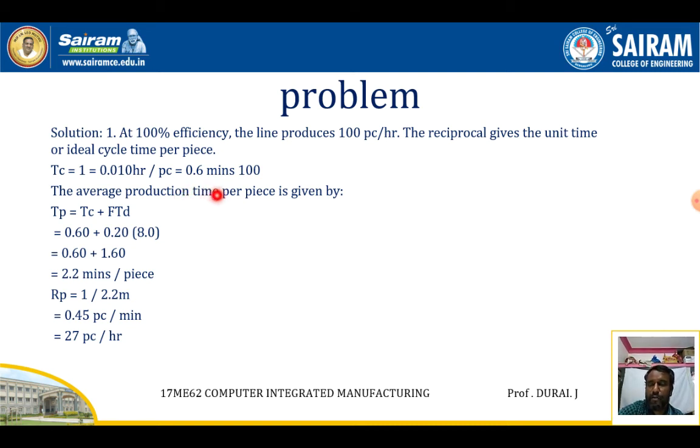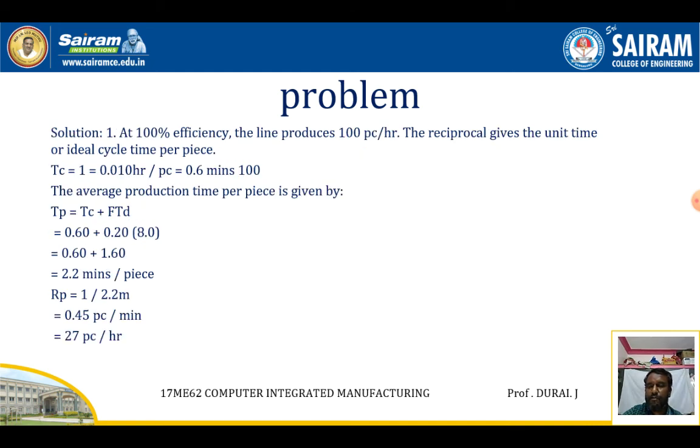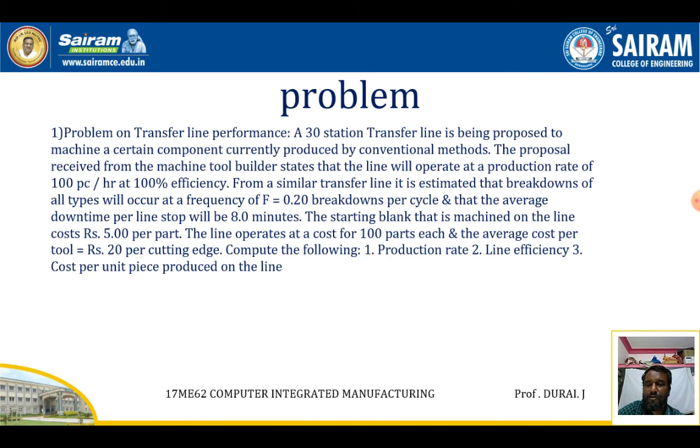So it is equal to 0.6 minutes. The average production time per piece, given by TP, is equal to TC plus F TD, so 0.60 plus 0.20 times 8. The TC value we have found just now. The frequency F is given in the question as 0.20, and TD is 8 minutes.